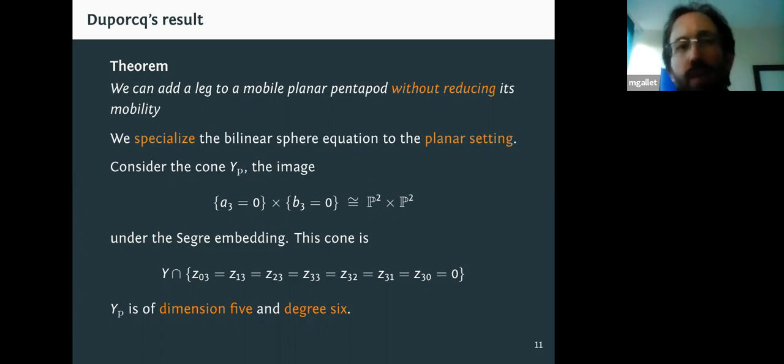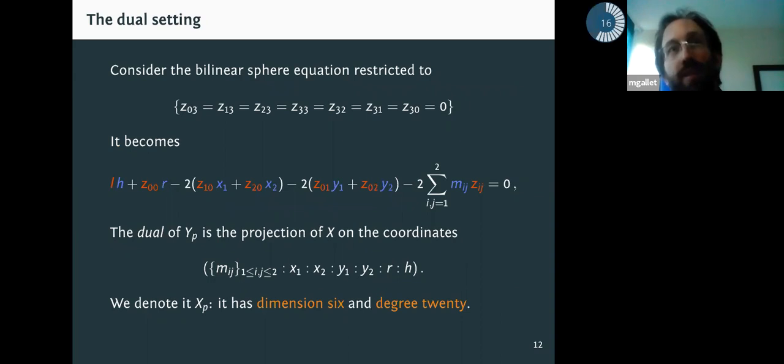And what you get is that this YP is a variety of dimension 5 and of degree 6. Then we can restrict the bilinear sphere equation that I had before to the space where YP lives. Okay, so this is a smaller space. And once you restrict it, you obtain the equation that I showed you here in the slide.